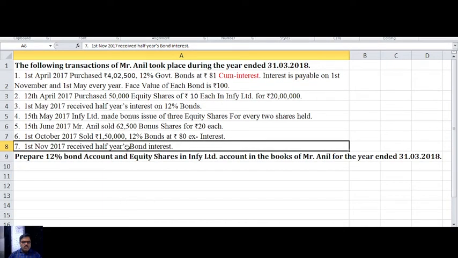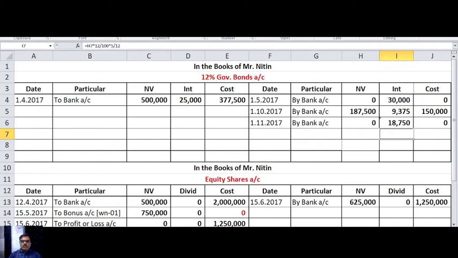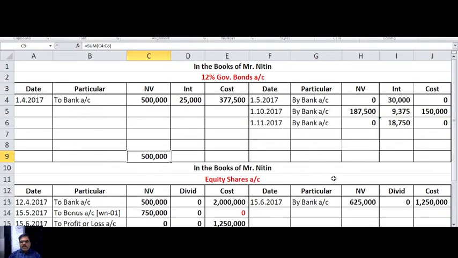So our problem is small, not yet finished, but closing also is very, very important. Now we are going to close this 12% government bond. First you can close, very simple, that is nominal value. So 5 lakh debit, 5 lakh credit, and now what is the balancing figure?